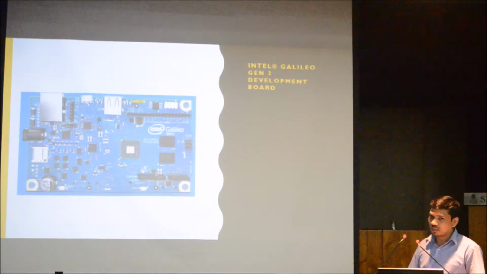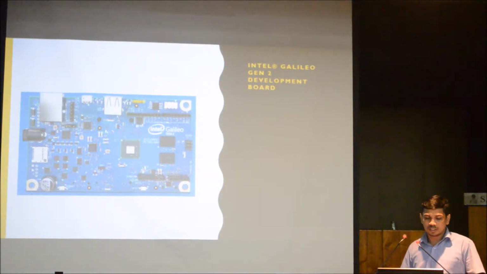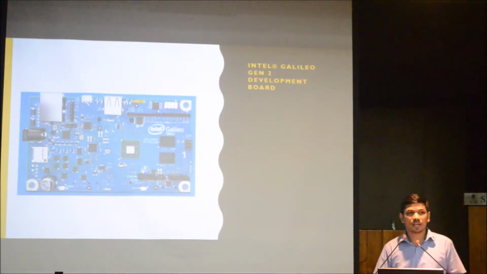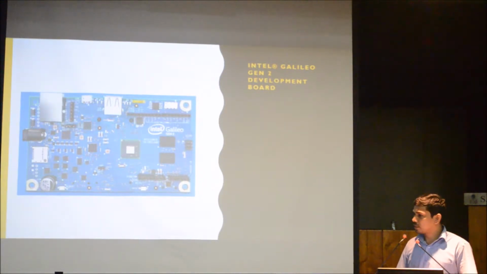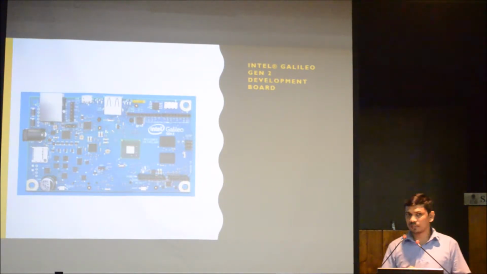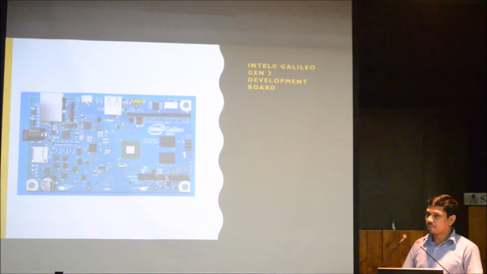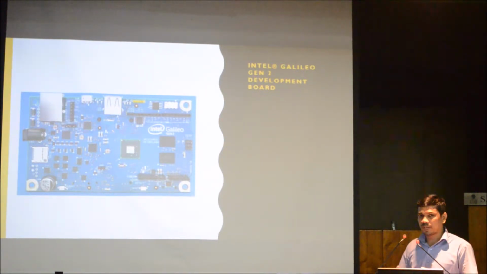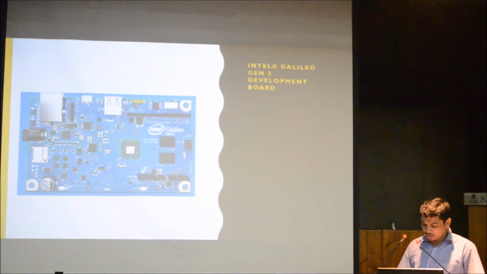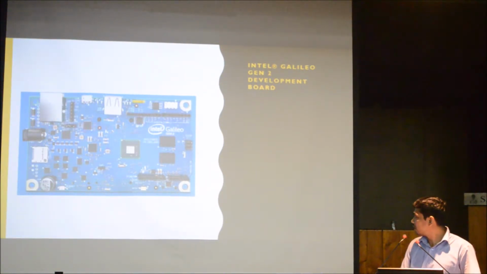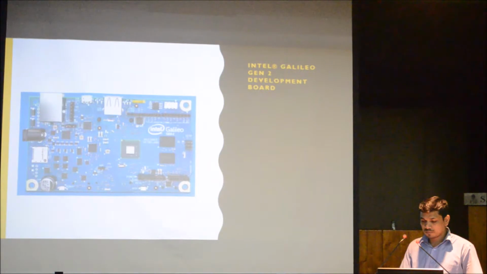The other is that it is like a 32-bit computer. You can install an operating system and run whatever programming languages, like JavaScript or Python. Even Java you can try on this board. So that's why I selected the Galileo board.